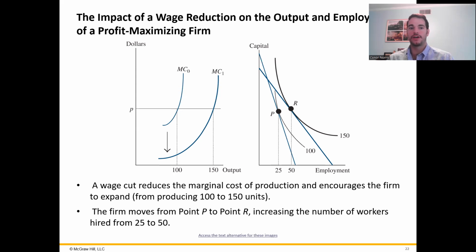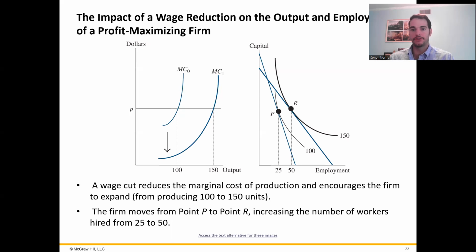As we move from the marginal cost curve MC0 to MC1, this means that the profit maximizing decision is to increase production because the marginal cost is decreasing. So in this case, that's going to be moving from 100 units to 150 units. Because this firm faces a lower marginal cost, they can produce more and maintain their maximum profit.